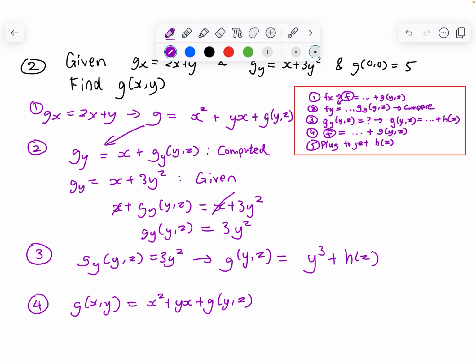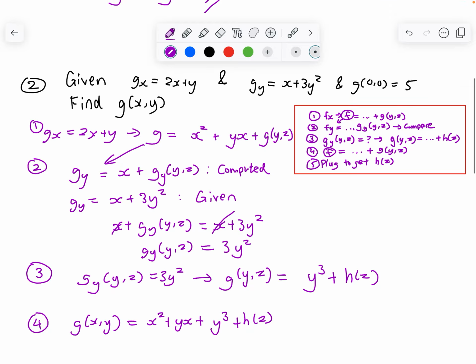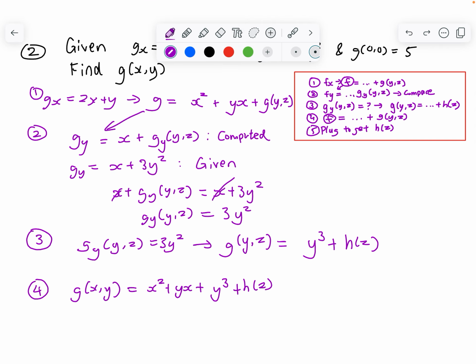We didn't know what g of yz was earlier, but we just computed it, and it was y cubed plus h of z. So this is actually y cubed plus h of z. Remember, our final goal in this question is to find out what g is. In the beginning, we already found out what g is, but we weren't finished because we didn't know what g of yz is. Now we know what it is, but we don't know what h of z is.